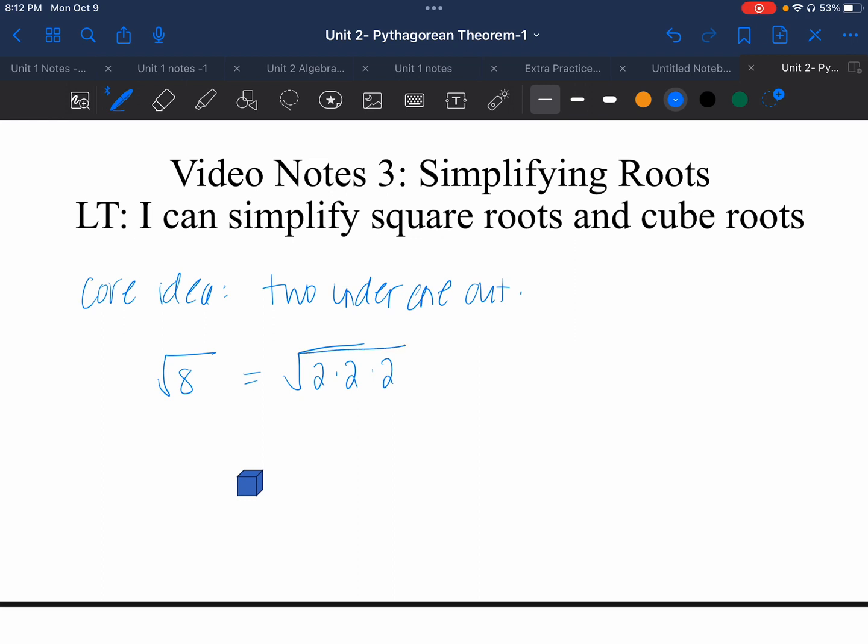So when I hear 2 under, 1 out, I circle 2 of the same and pull them outside. So this is like 2 on the outside and 2 under the radical. So 2 times the square root of 2 will give me 8. You box it and you walk away. You do not have to simplify any further because the square root of 2 is not a perfect square. It's not going to come out with a perfect number.